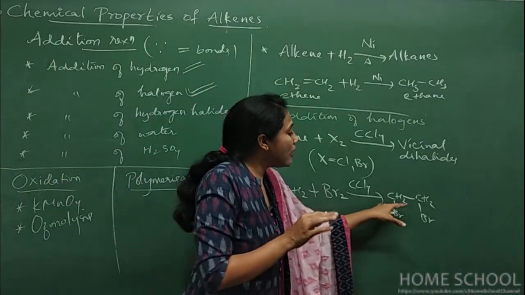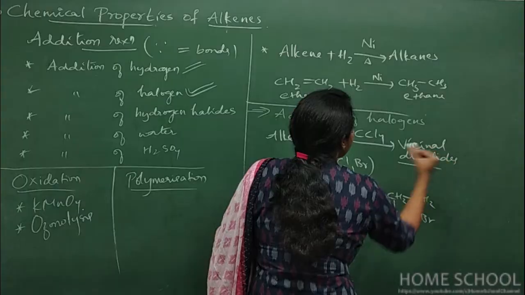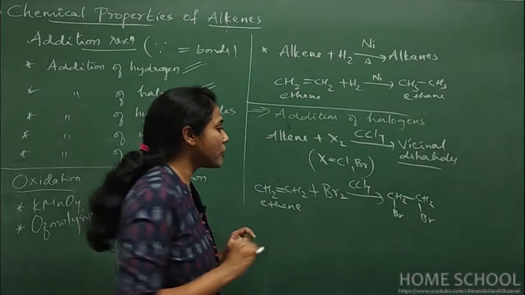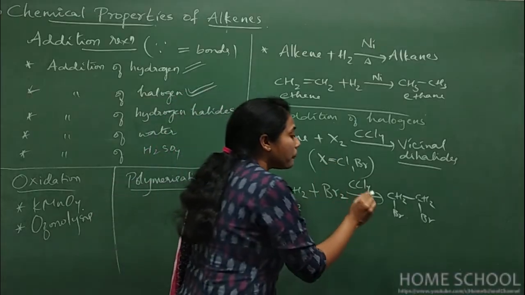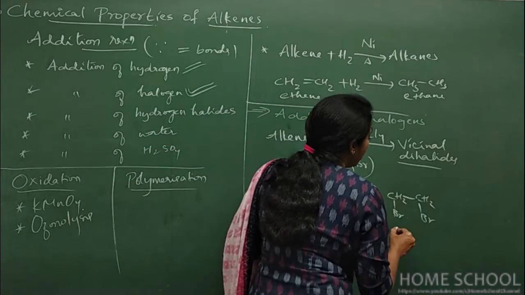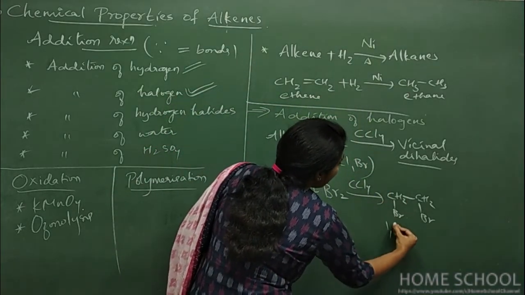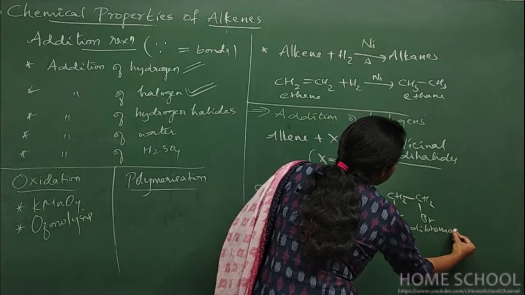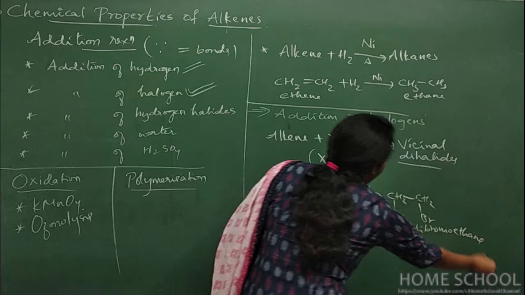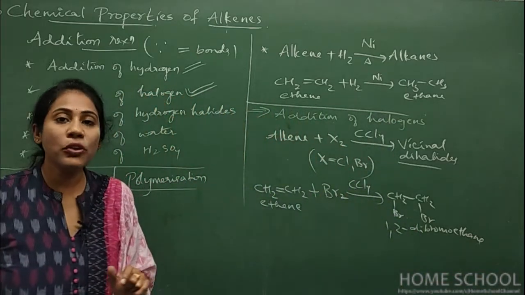So those compounds are generally called vicinal dihalides. This is an example of a vicinal dihalide, and its IUPAC name is 1,2-dibromoethane.